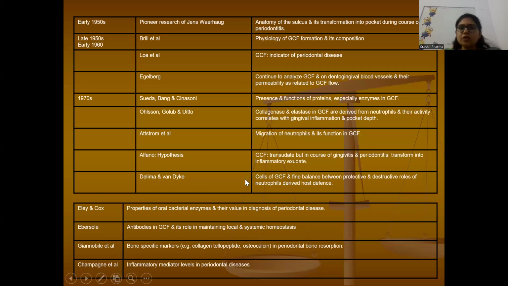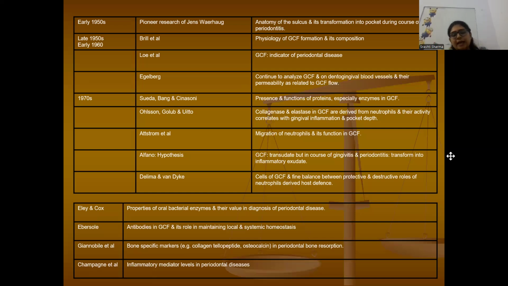They did studies on cells of GCF and found a balance between protective and destructive roles of neutrophils in host defense. Lamster and Cox studied properties of oral bacterial enzymes and their value in diagnosis of periodontal disease.